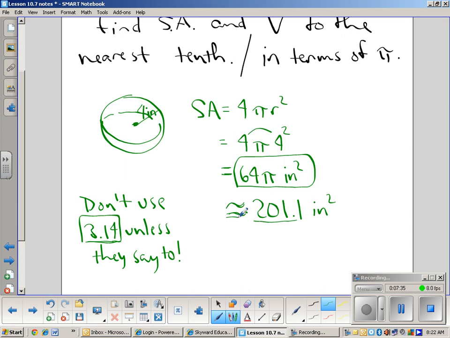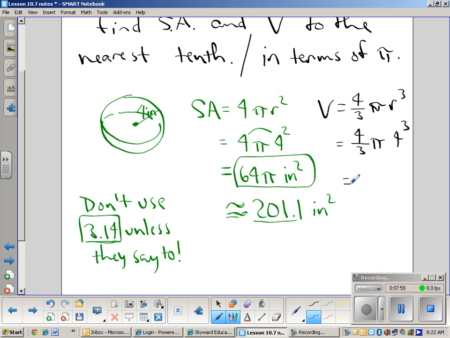Okay, volume. Volume is equal to 4/3 pi r cubed. Again, the only measurement we know is r, and it was 4. They say the exact value, or leave in terms of pi. What's 4 cubed? 64.